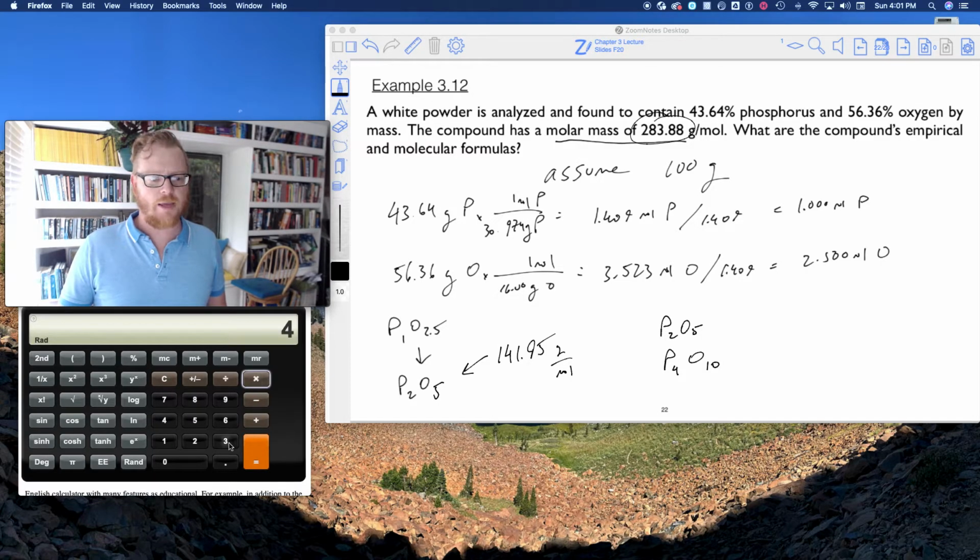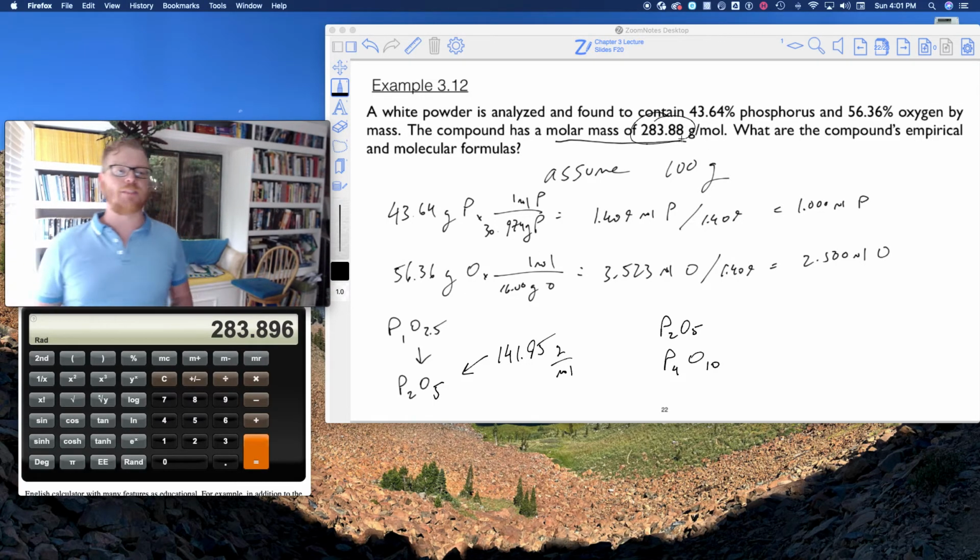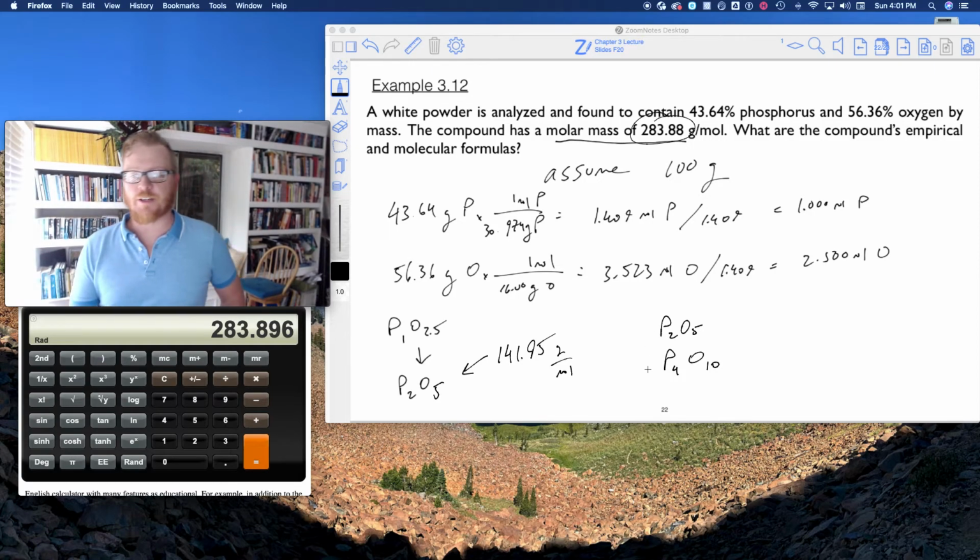4 times 30.974 plus 10 times 16, oh, look at that, 283.896. This says 283.88. Perhaps I didn't use enough sig figs or whatever. Doesn't matter. It's damn close, and that's good.